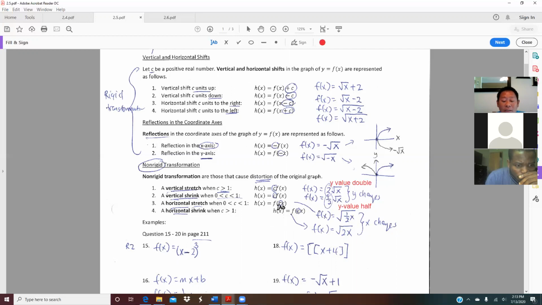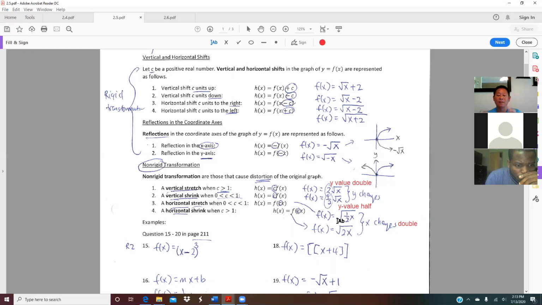For horizontal, this number is inside the function. If this number is between 0 and 1, it's called a horizontal stretch. So for example, 1/2 x inside the root. So again, x changes. And for this case, your x will actually double. A lot of students will ask me why double.